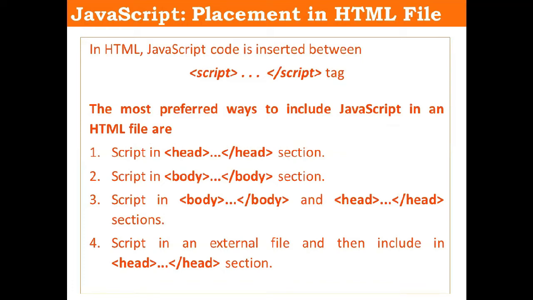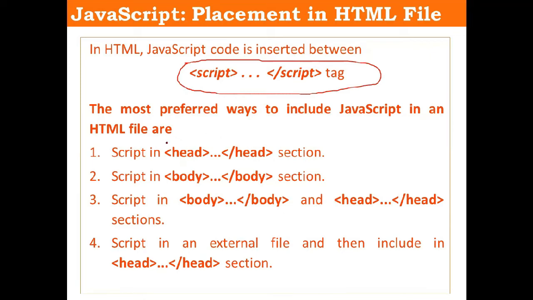Then how can we place the JavaScript in the HTML file? First one is by using the script tag. By using this script tag, we can add JavaScript in the HTML page. There are four ways to add.